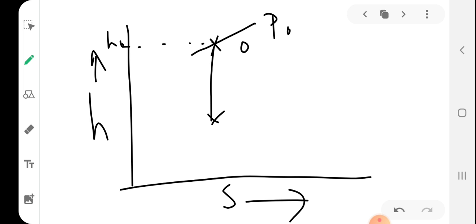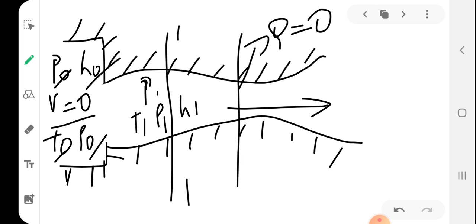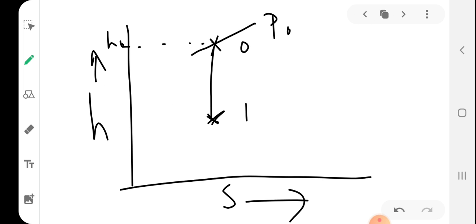So this can be point 1, and if again you draw downward, it can be point 2. So we can locate any downstream location directly below the stagnation point, since for isentropic flow the entropy remains constant.